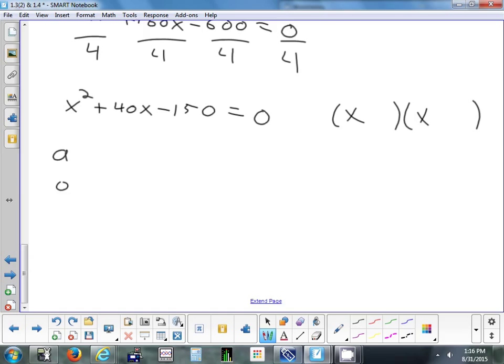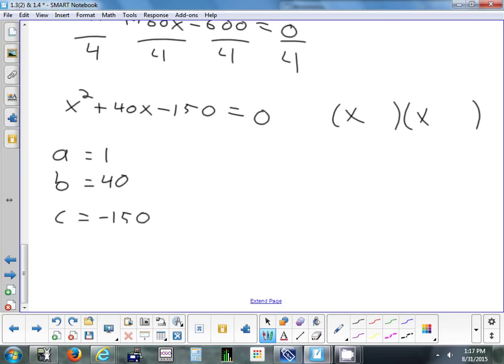Quadratic formula. Okay. How about Madison? What would A be in this case? 1. And Heaven, B? 40, yep. And C, that would be negative 150.